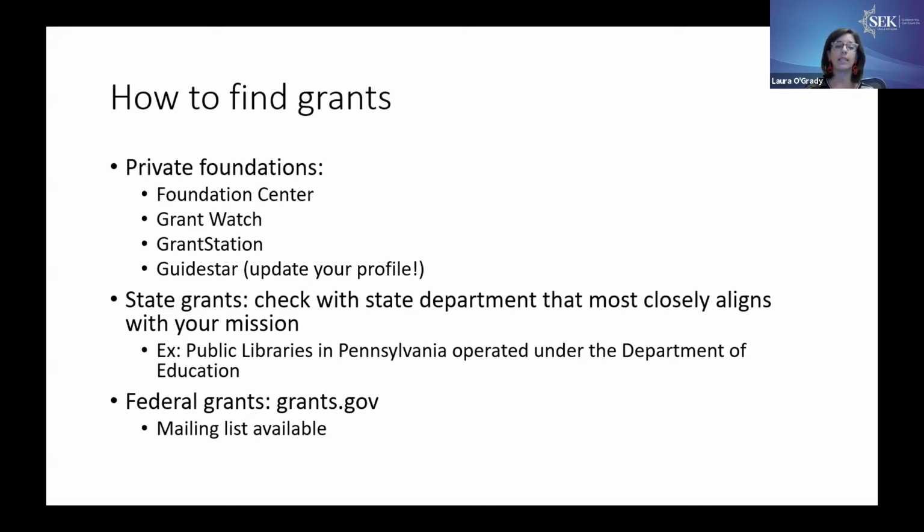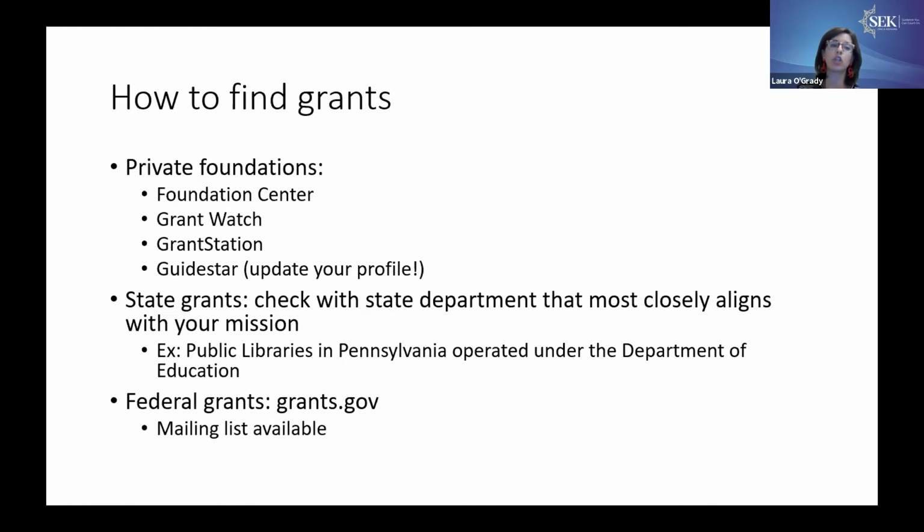So one thing you should do is make sure your GuideStar profile is up to date. But you can also use GuideStar to research the funder. So you can go on and look at the 990 of a foundation and see who they were giving to. So it's a really sneaky and interesting way to research potential funders.